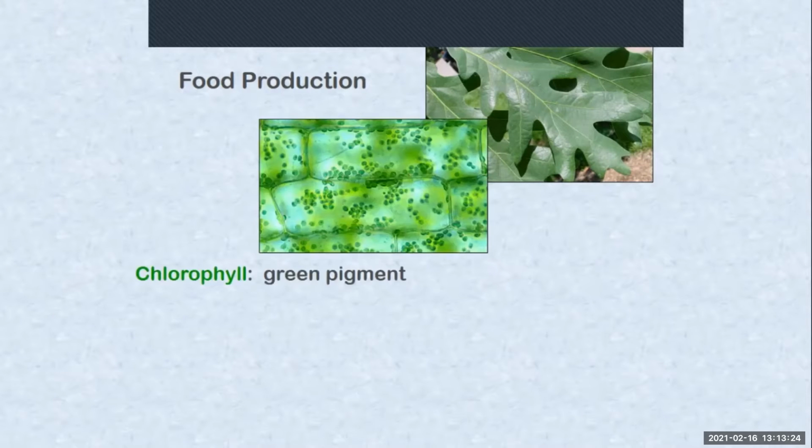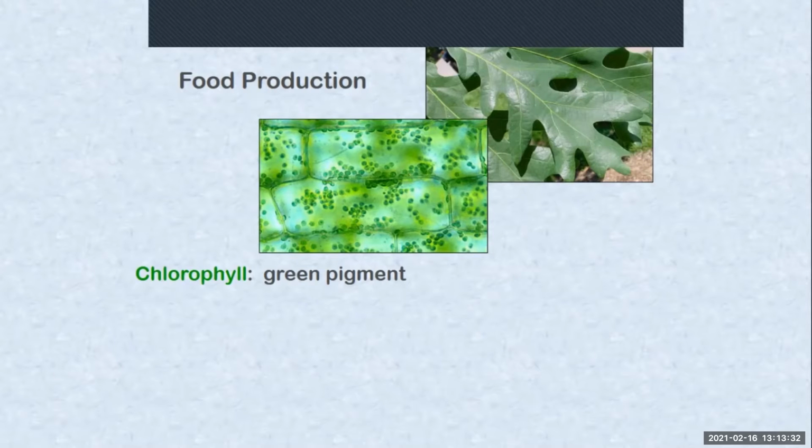So we're going to go ahead and start with looking at some of these more specifically, and we're going to start off with leaves. The main function of leaves is for food production, producing the energy that trees need to function. This is accomplished with a green pigment called chlorophyll.